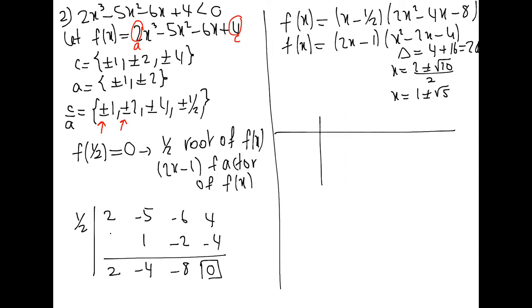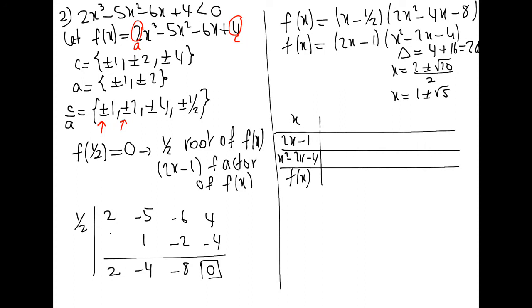In order to study the sign of f of x, we start by setting up a table of signs. So the first factor for f of x is 2x minus 1. The second one is the quadratic, x squared minus 2x minus 4. And finally, we have f of x. Then, for the number line, we start by listing the three roots of the polynomial in ascending order.